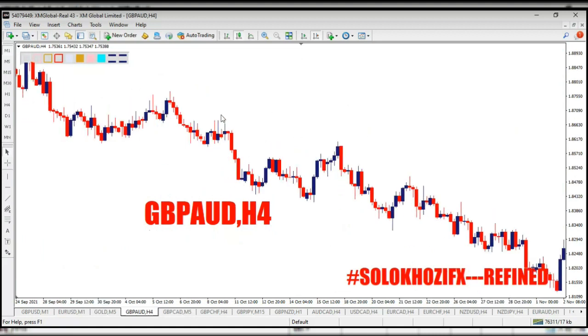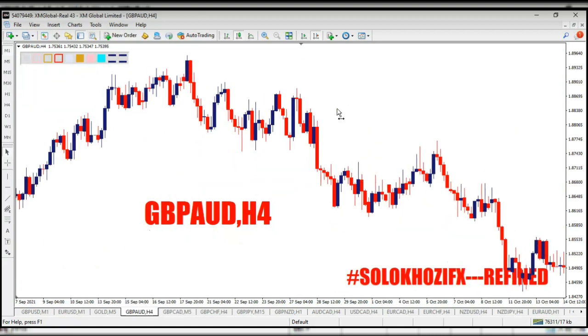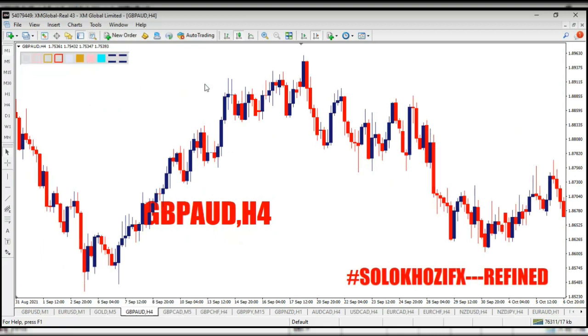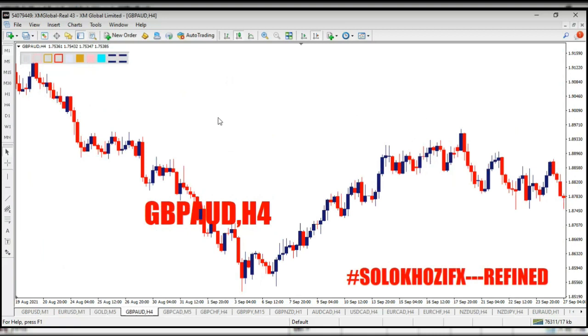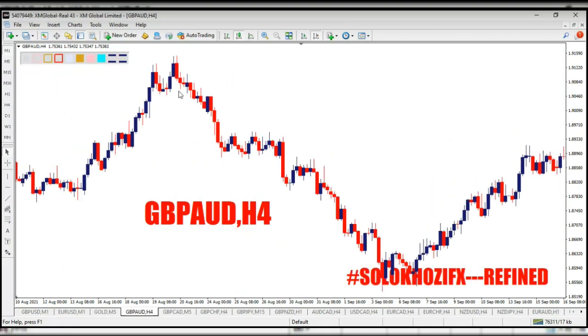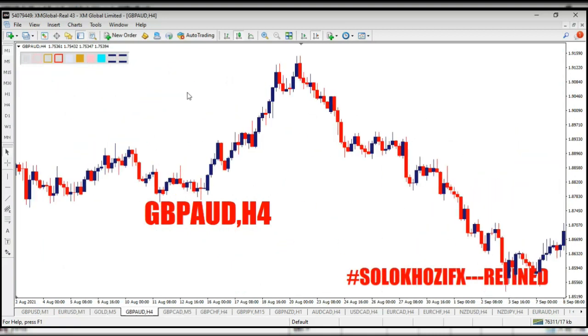And another thing is I'm always emphasizing that not everything will look exactly as it is on the diagrams. So, for instance, the bodies of the candles. Sometimes you'll have a cross-like candle, like a blue candle. It's called a doji.